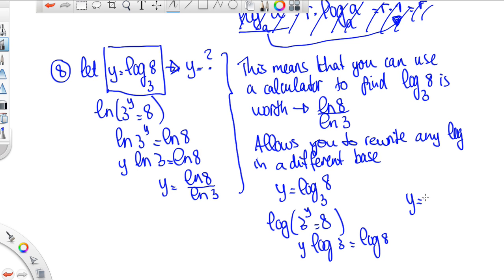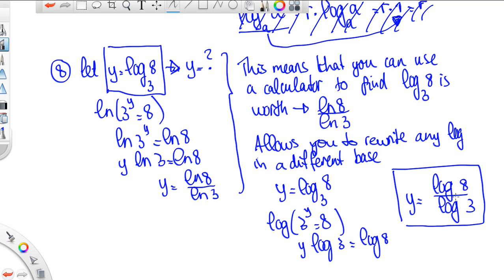So yes, you would get y equals the log of 8 divided by the log of 3. So that allows you to rewrite any log in a format that you can put in the calculator, keeping in mind that the base that we're using here, if I just write log, is base 10, and again that one we have in the calculator.